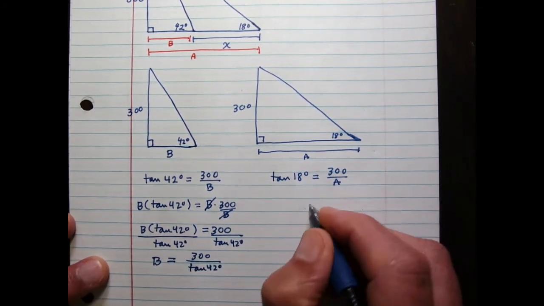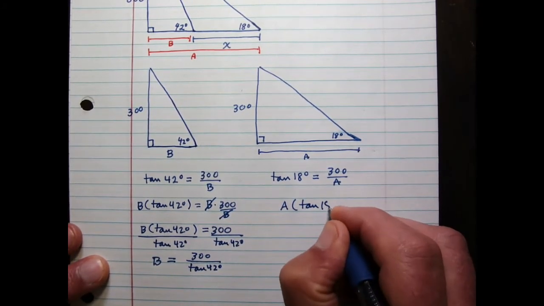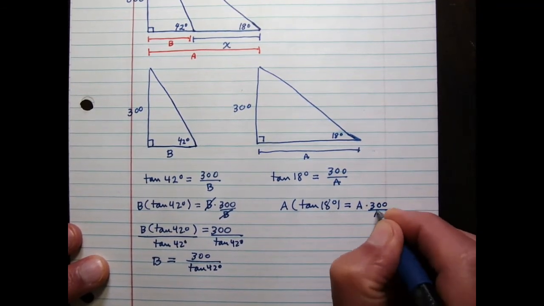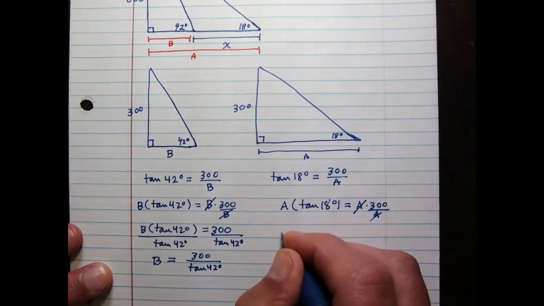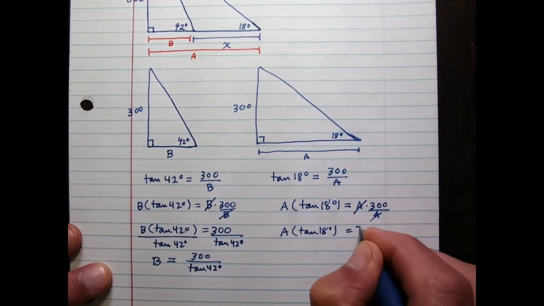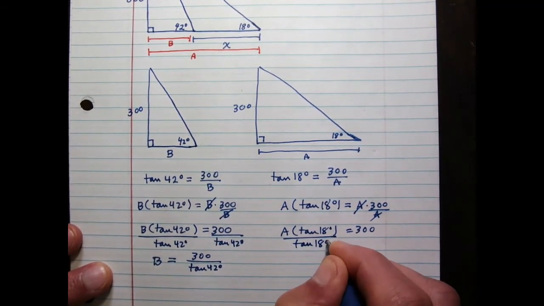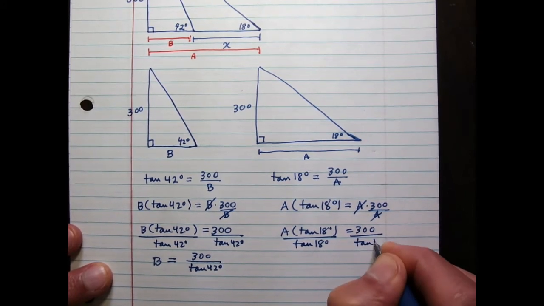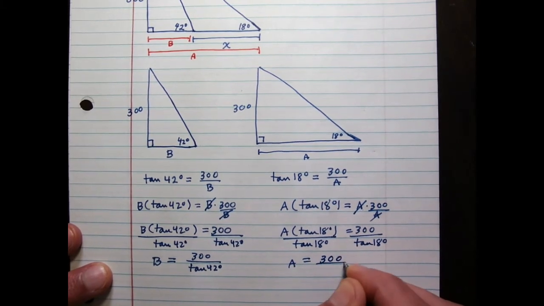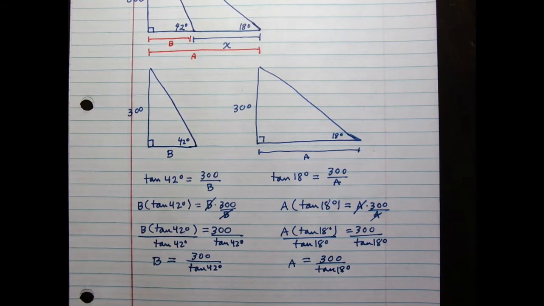And really it's the exact same kind of calculation for the other: A tangent 18 degrees is going to equal A times 300 over A. The A's cancel on the right. And now I can divide both sides by tangent 18 degrees. And I get A is equal to 300 over tangent of 18 degrees.